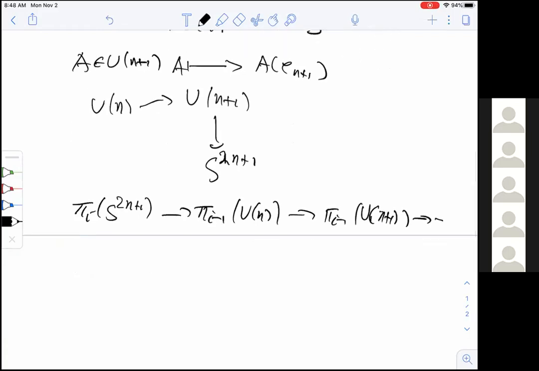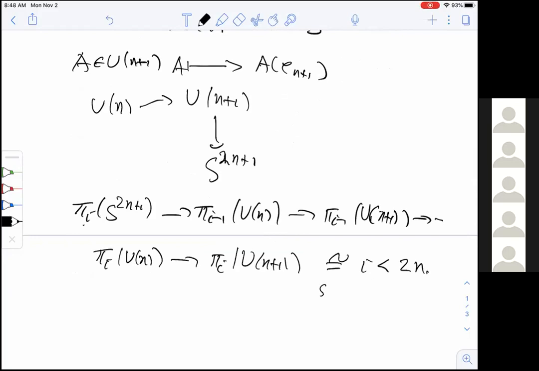Since these homotopy groups vanish when i is less than 2n plus 1, you see that pi i of U(n) to pi i of U(n+1) is an isomorphism for i less than 2n, and it's surjective for i equals 2n. So these homotopy groups stabilize.